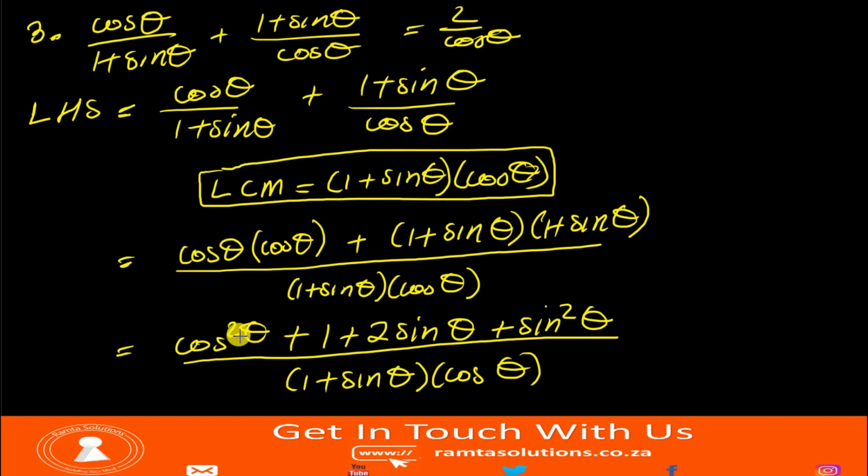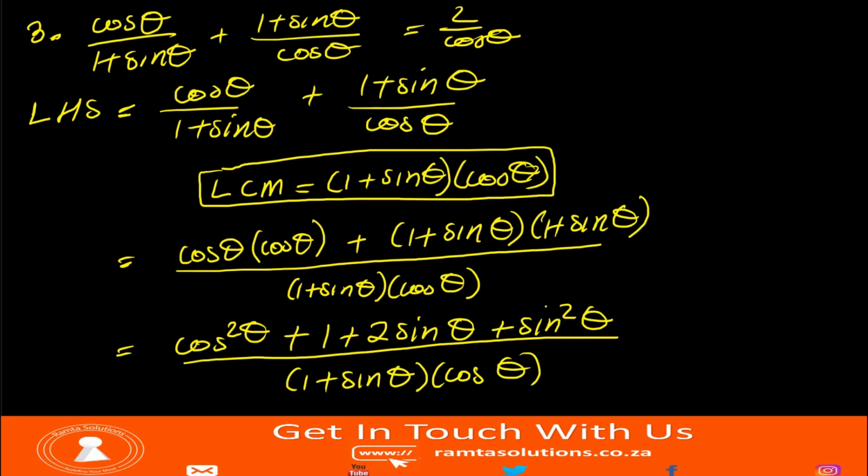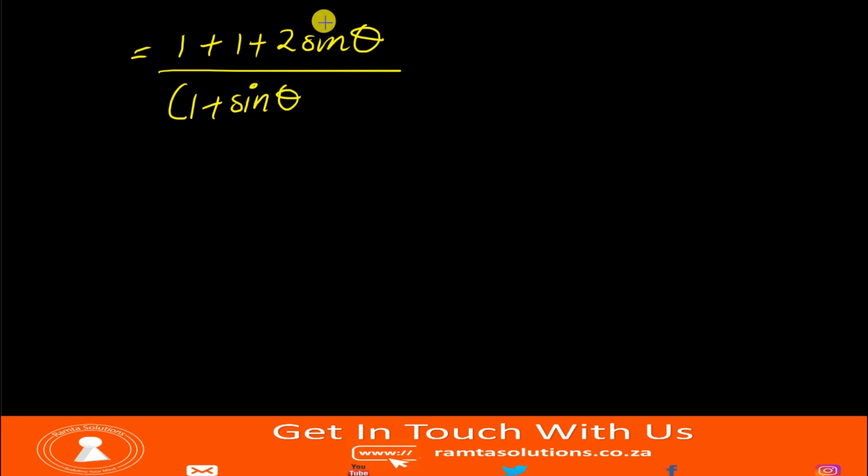We have cos square theta plus sine square theta. We know this square identity is equal to 1. That means we have 1 plus this one here plus 2 sine theta all over 1 plus sine theta times cos theta.